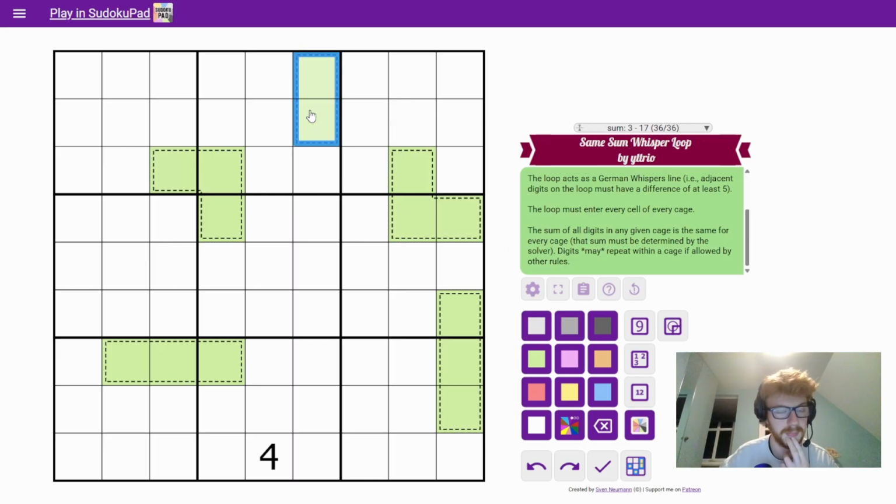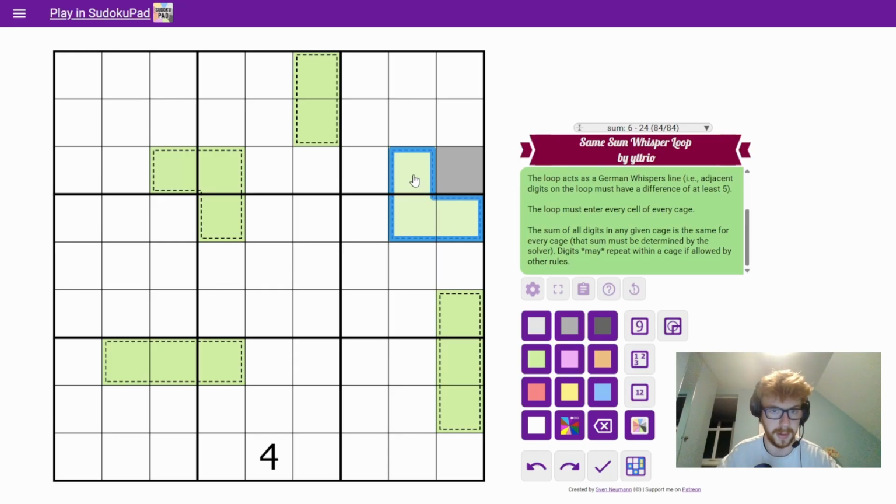Okay, so what's... Right. Let's first start with the easy things, right? Can that be on the loop? No, it can't, because it would have to make a U shape and touch itself, so it cannot. So now this cell, how does this go on the loop?